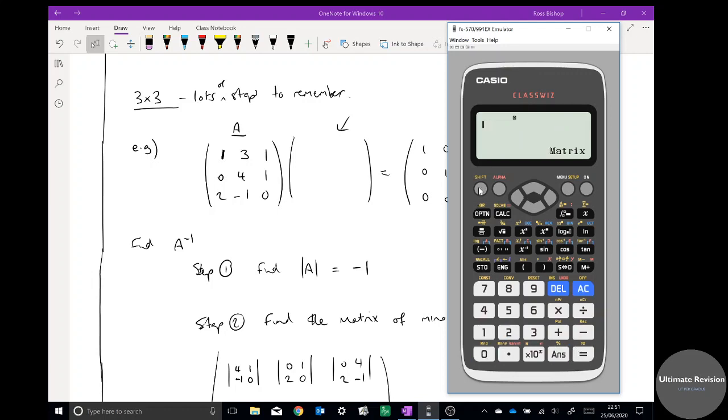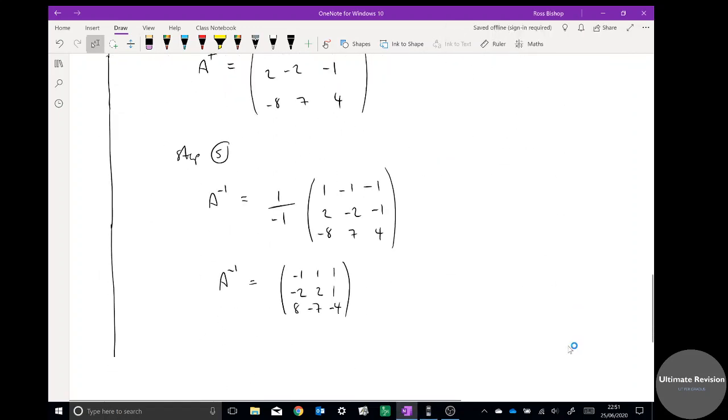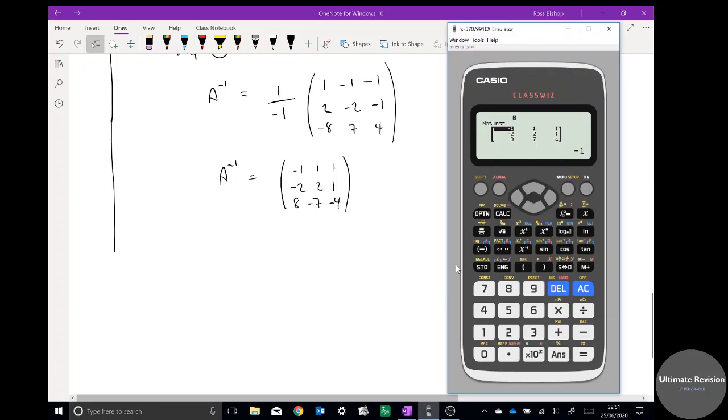Okay, now I can just go option, mat A, power of -1, and let's just see if that was the one. It looks good to me. Just double check it. Yes, that's exactly right. Okay, so the calculator does do it.